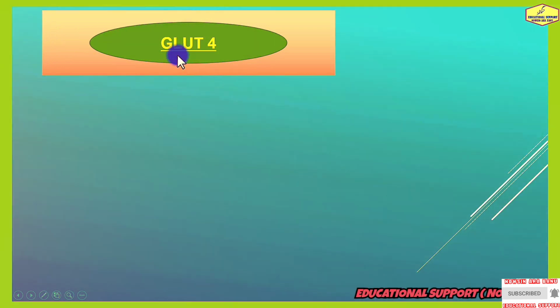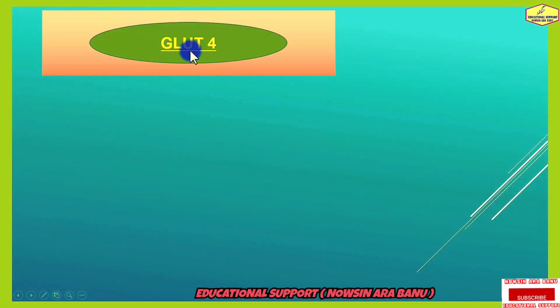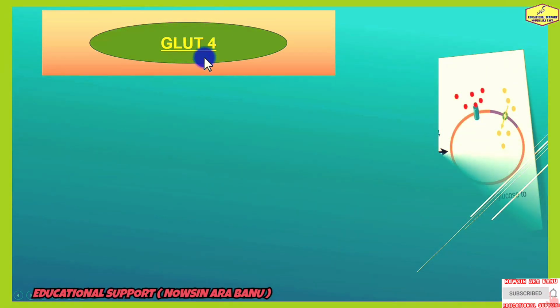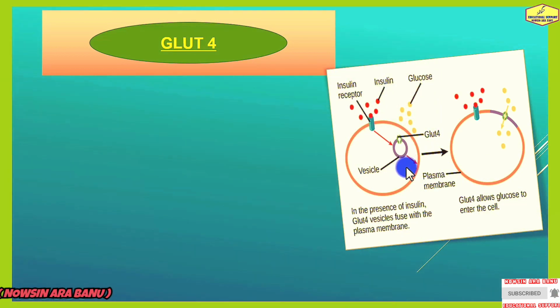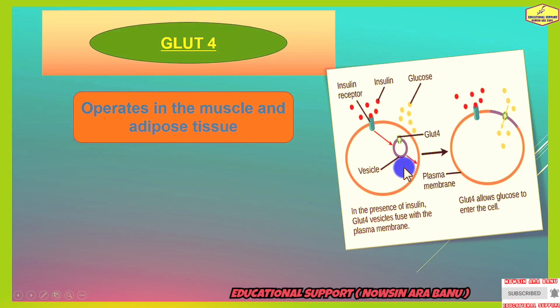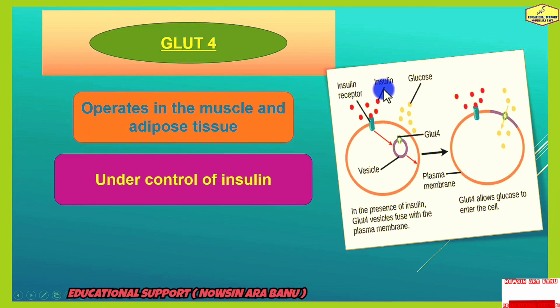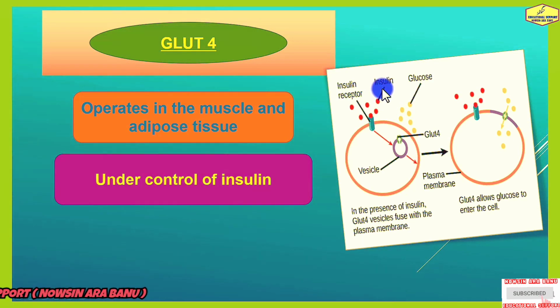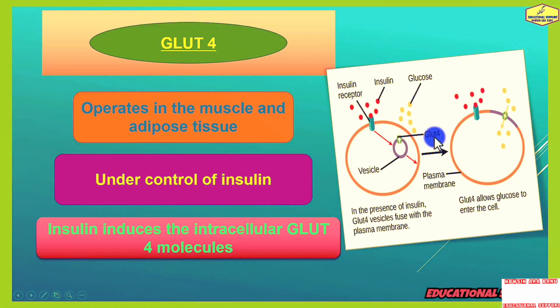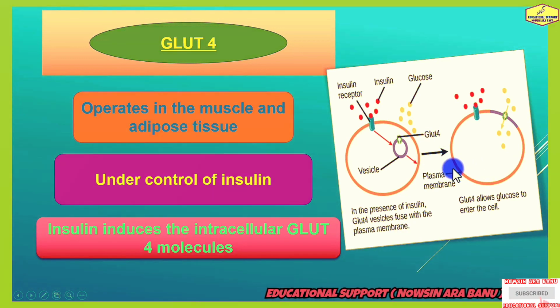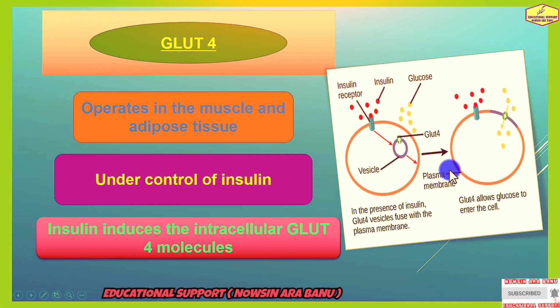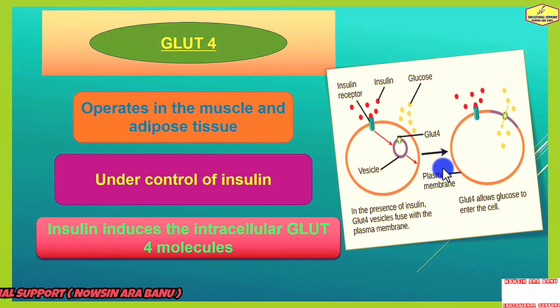Do you have any idea what GLUT4 is? GLUT4 operates in the muscles and adipose tissues, so it is under the control of insulin. Insulin induces the intracellular GLUT4 molecules to move to the cell membrane and increases glucose uptake.